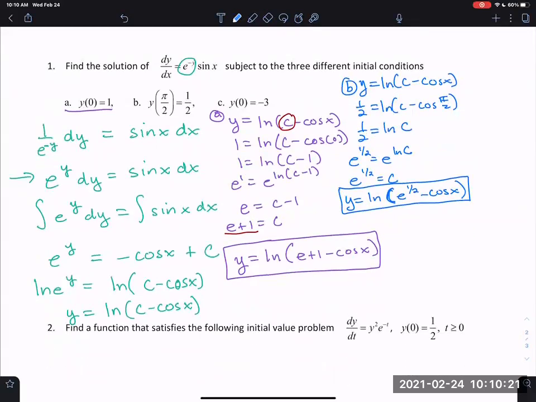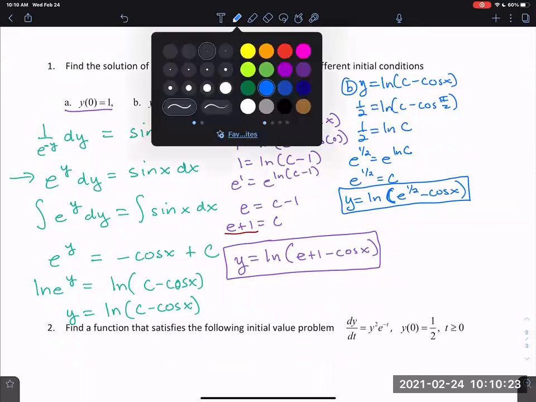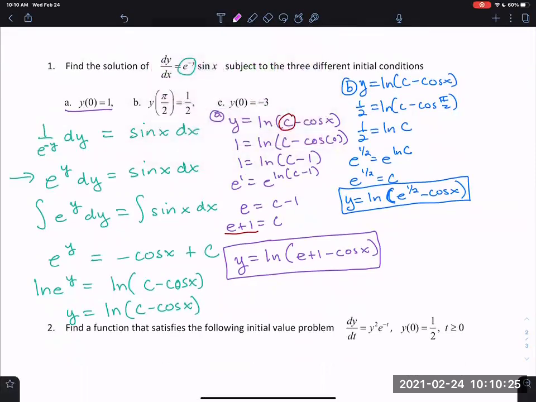All right, if you want to pause, I'm going to start going through my very last one. Okay, so let's go C, y equals ln of c minus cosine x. So -3 is my y value, ln of c minus cosine of 0. So -3 equals ln of c minus 1.